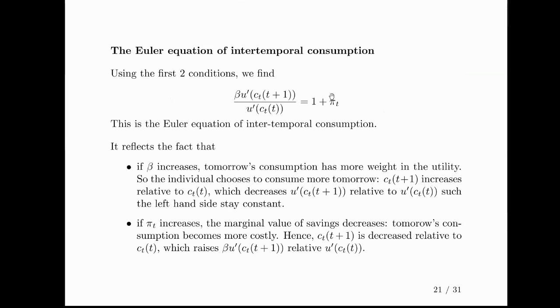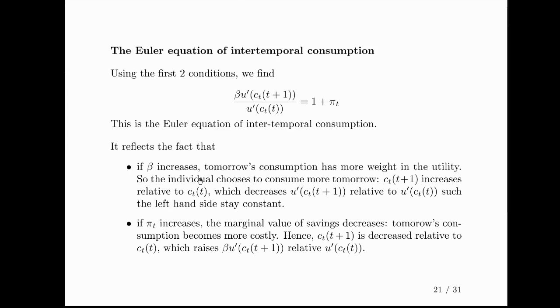So if beta increases, of course these two sides have to balance. And how do I balance them? Well, u prime of C decreases if C increases, because there are decreasing returns to consumption. So u prime of Ct+1 would have to decrease in comparison to u prime of Ct to make the equation balance. So it would mean that Ct+1 would have to increase. That's what I wrote here.